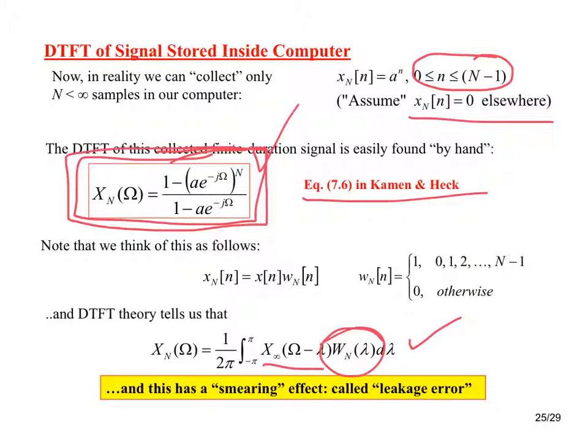But this is how we interpret what's really going on, how this result gets linked to this result. It's through smearing. So if we plot this, we should see some type of smearing here. And as I've pointed out before, most textbooks refer to this smearing as leakage error. Okay, let's move to the next slide.